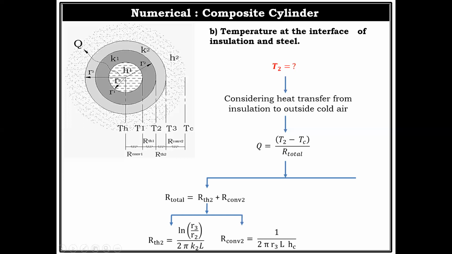R convection 2 is 1 upon 2 pi R3 L h_C. So it is also possible. And what about Q? Q we already found in the answer of A. So only T2 remains unknown. Tc is known, R total can be calculated, Q is from answer 1. So by considering the outside convection part also, we can find T2.